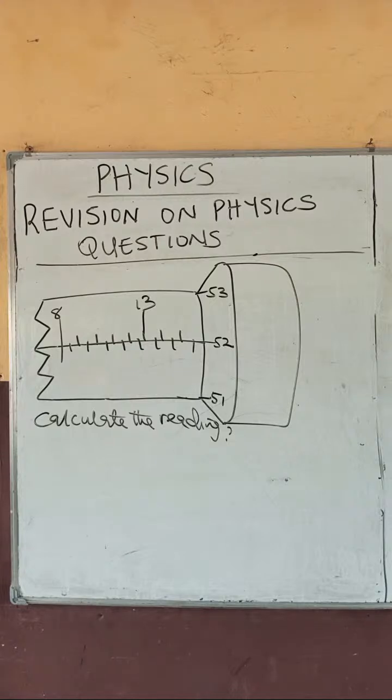Ajoke got 15.52 millimeters, okay? All right, let's solve together. Let's solve together and see what we have, okay?